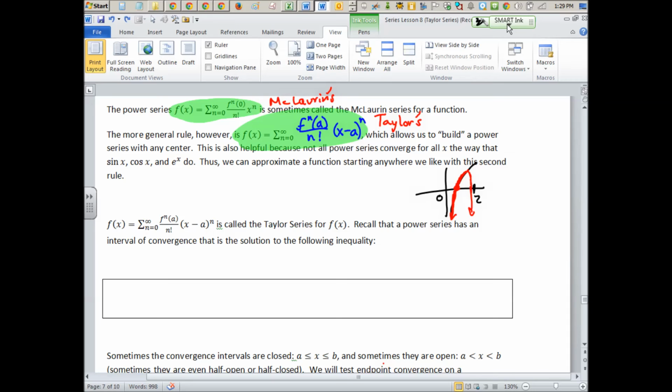So let's say you wanted to build at 1, you only get 0 to 2 convergence. See? So if you wanted to study the polynomials out at ln of 14, you would want to build your Taylor series out at 14, use A equals 14. And that would give you basically polynomials between 13 and 15 that model ln in that region.